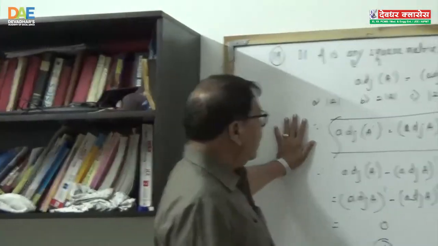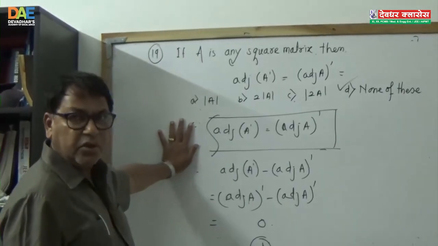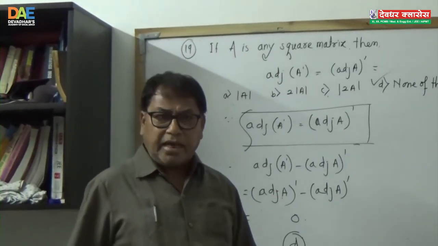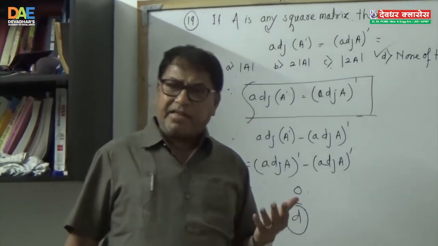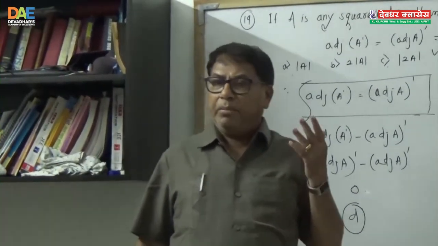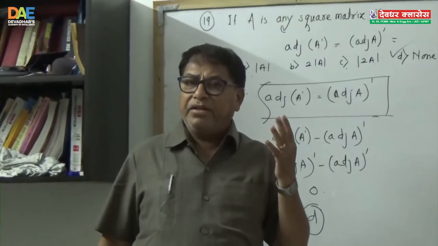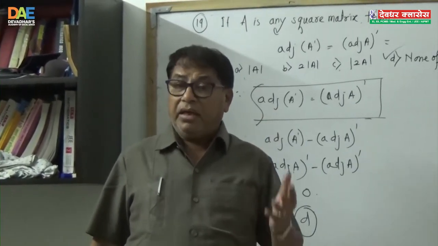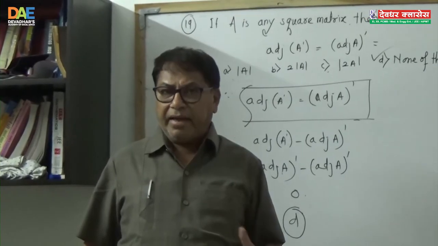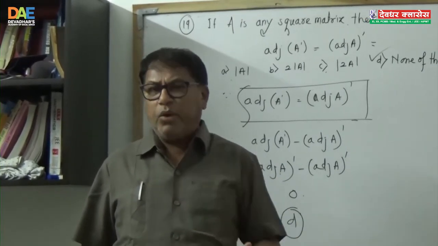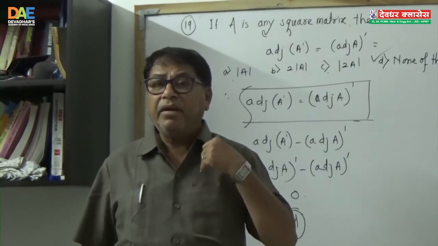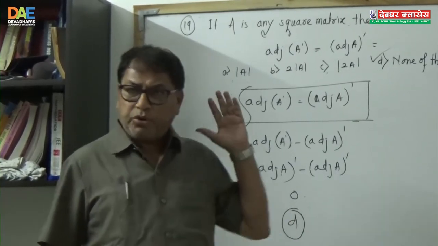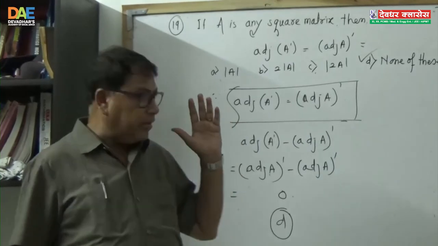So remember these results of the adjoint. Now the last part of the matrices that we are going to observe: the multiplication, how to find the adjoint of A, inverse of A, directly, multiplication, some values associated with that, and that will be in our next video. Up to this we have completed the part.